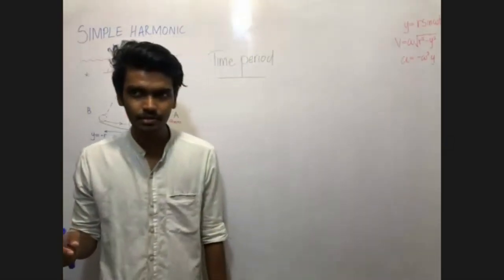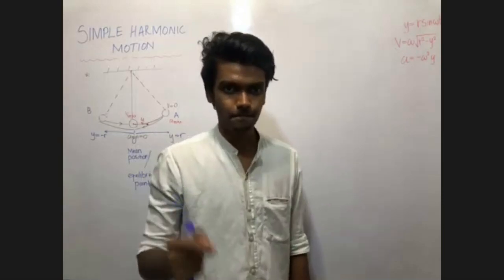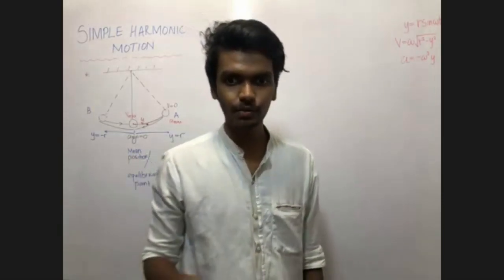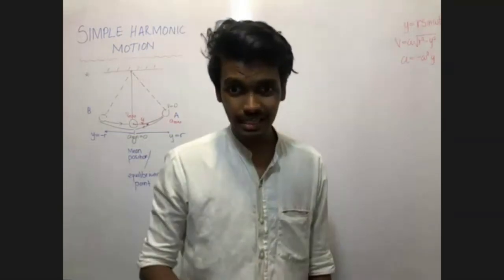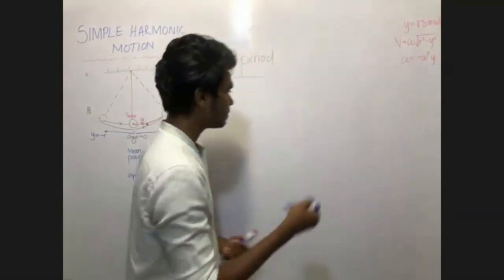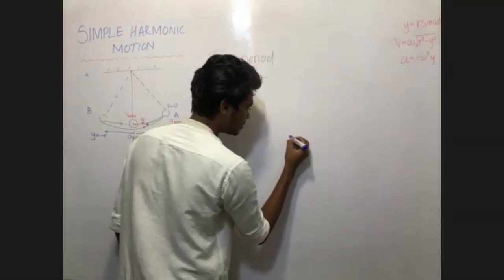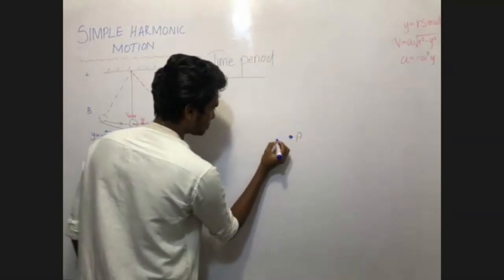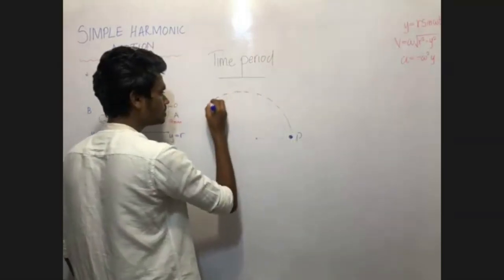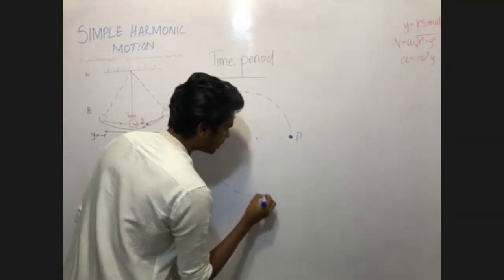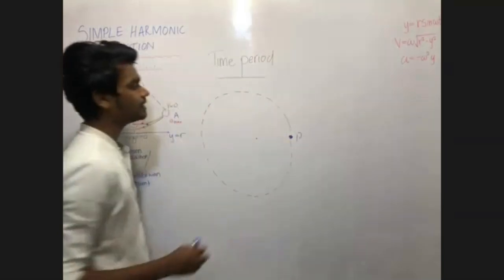If you have analyzed circular motion, you know time period is the time taken by the particle P to perform one complete revolution.